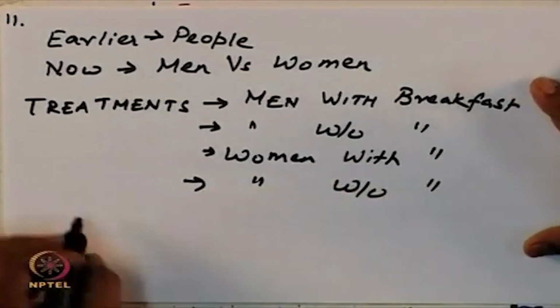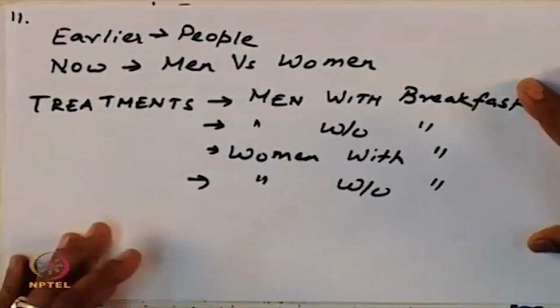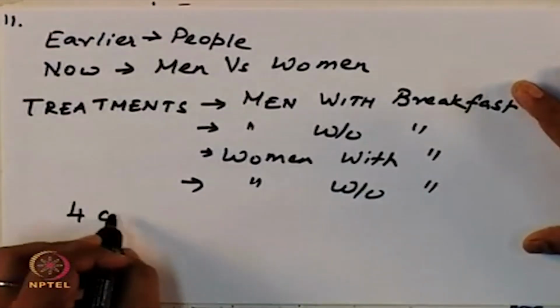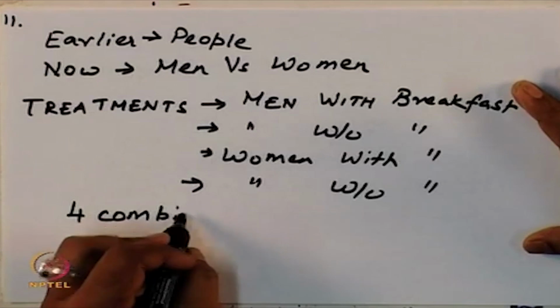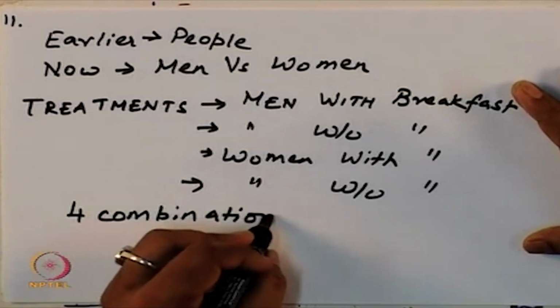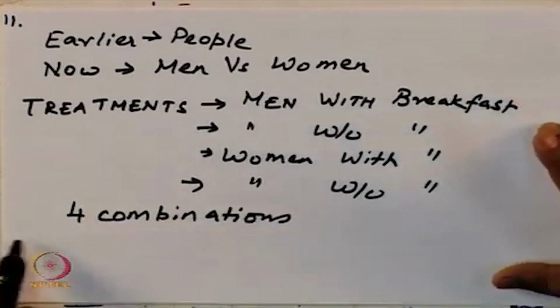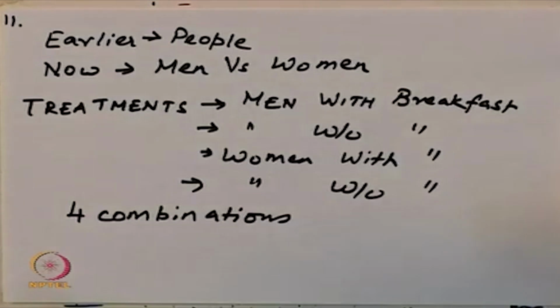So, now instead of 2 conditions, you have 4 cases, 4 combinations. So, depending on your experimental plan, you might have many more experimental combinations.